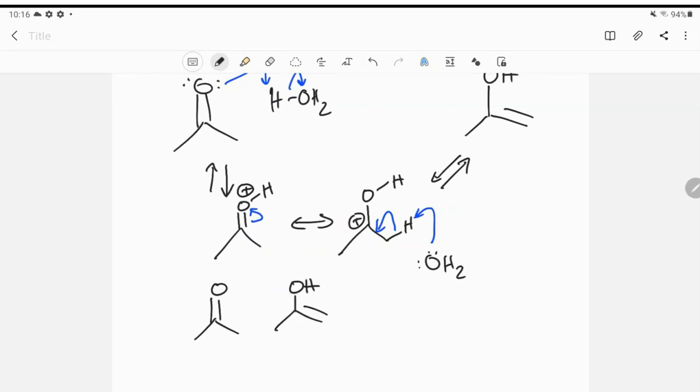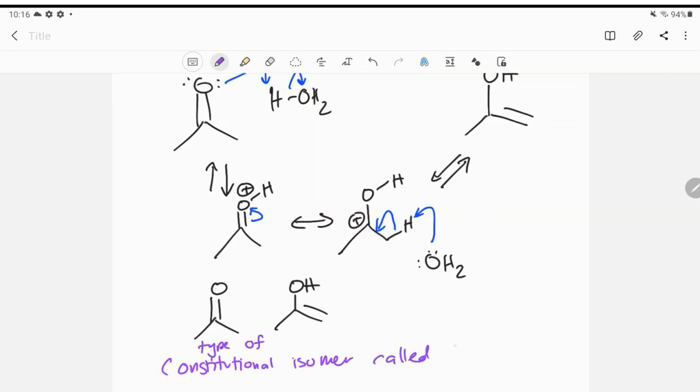These are a special kind of constitutional isomer. These are tautomers. So if you remember various types of isomerism, you have stereoisomers, where we had enantiomers and diastereomers, and we had identical molecules, of course, rotamers, conformers.